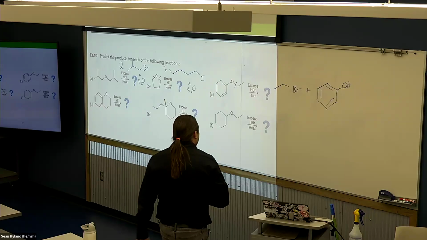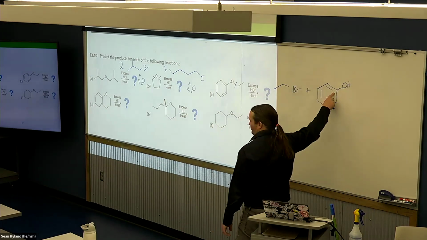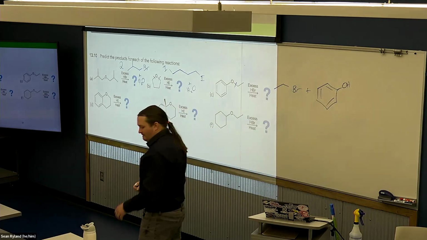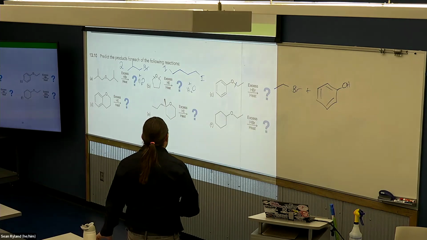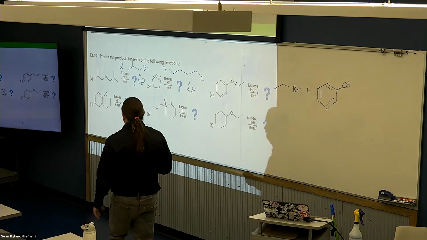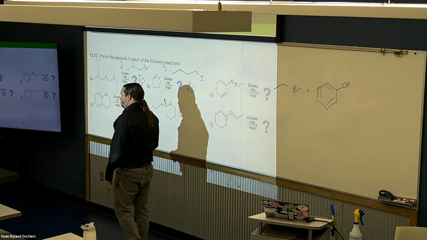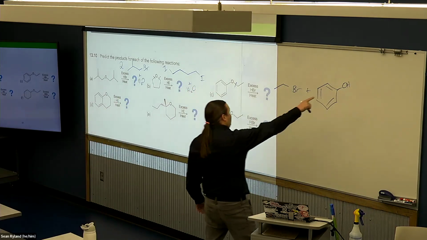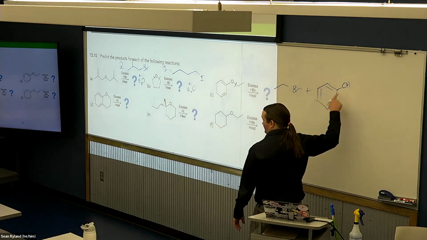So for C, like we talked about, we can't do the SN2 on a benzene ring, so the oxygen stays attached to it. But the other side gets turned into a bromide. Isn't there H2O? No, because the oxygen stays attached to it.